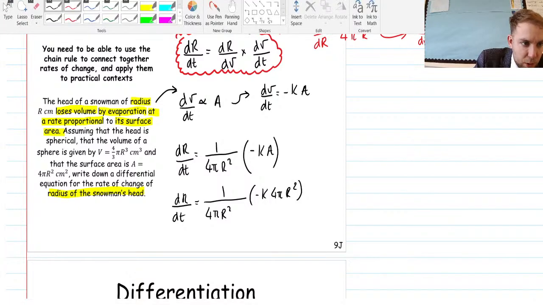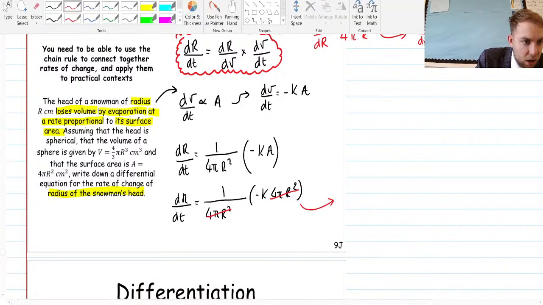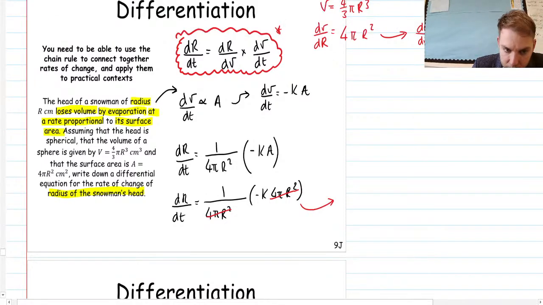So I can cancel both of these. So what I'm left with is that dr by dt is equal to just minus K. And that is your differential equation.